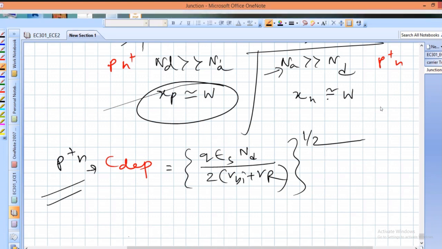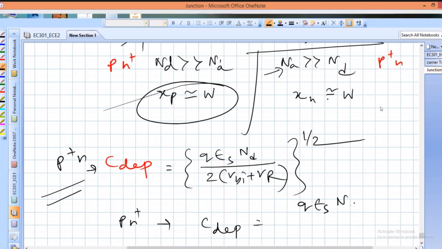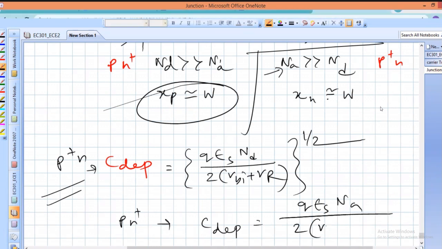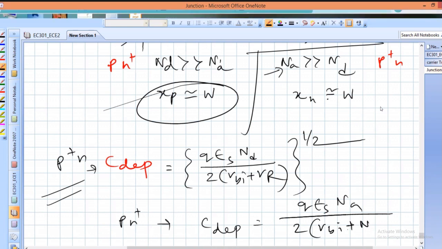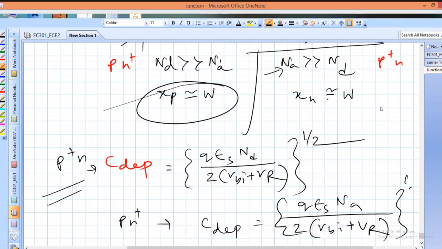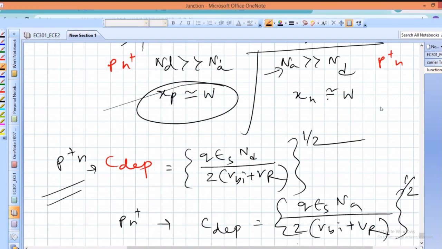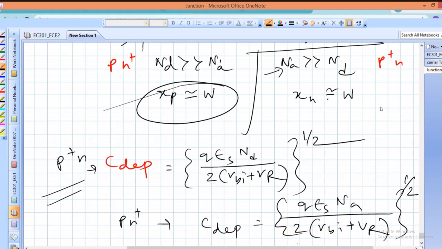Similarly, if you consider an N plus P or PN plus junction, this equation CD under such a case will be equal to square root of q epsilon S Na divided by 2 (Vbi plus Vr). So this is the one-sided abrupt junction capacitance.